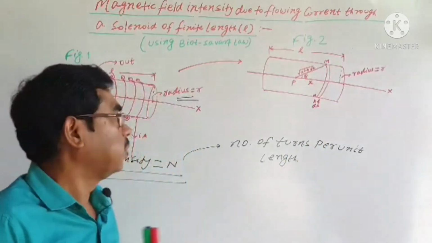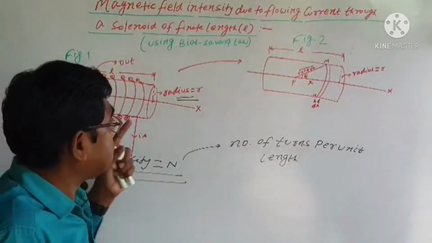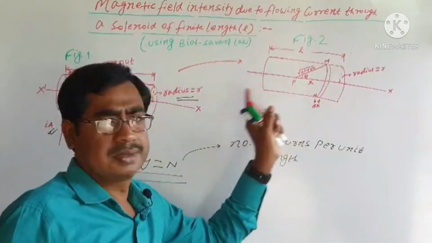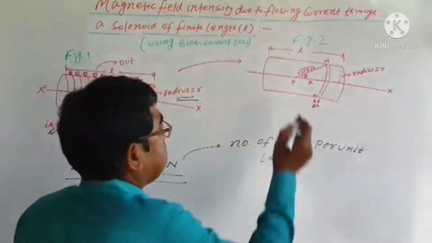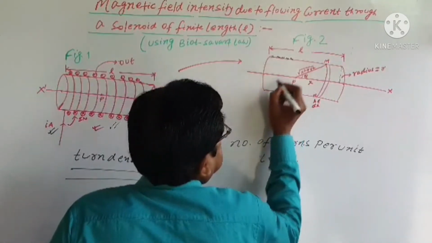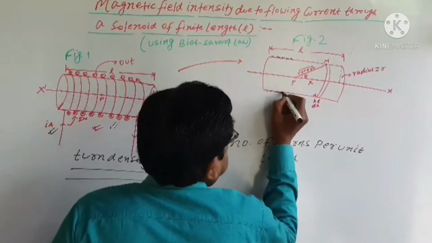If we consider a longitudinal cross cut part of this solenoid, it seems as the figure.